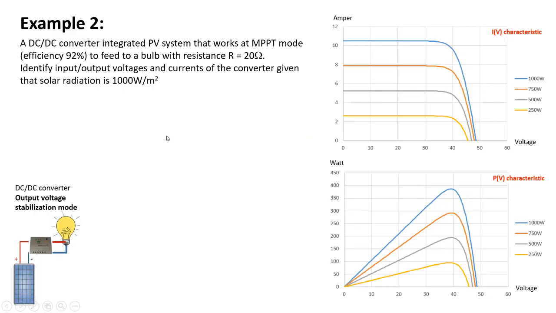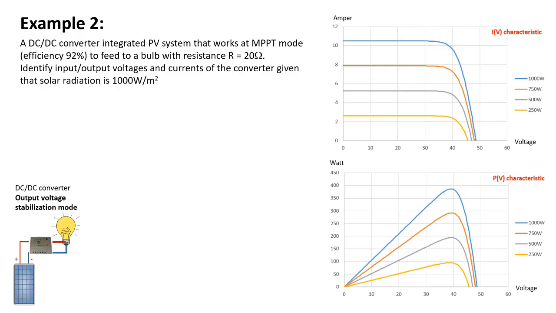Let us consider example 2 as the following. A PV system working at the maximum power point tracking mode with a converter efficiency of 92% is feeding power to a bulb of 20 ohm resistance. Suppose that the solar incidence is 1000 watts per square meter.